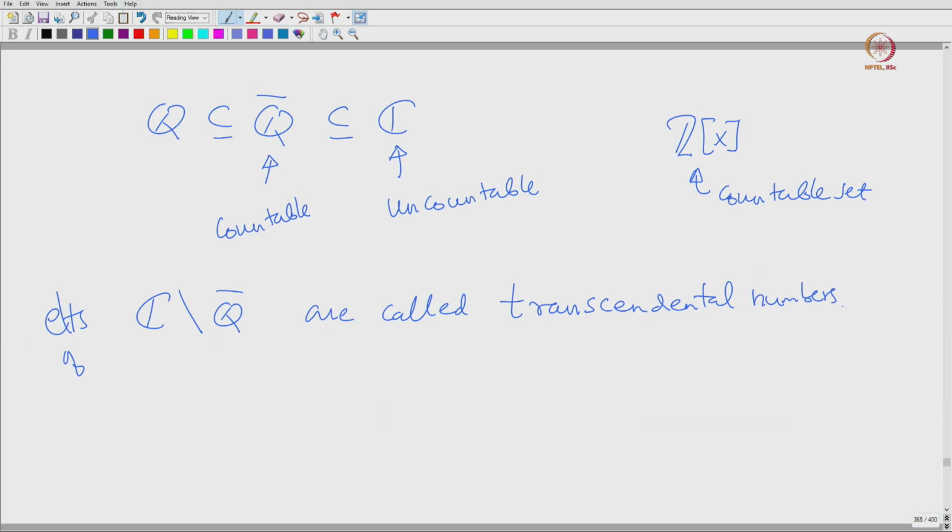It is indeed a very difficult problem to decide whether a given complex number is transcendental or not. For example, e and pi are transcendental, but it is actually very difficult to prove these facts.